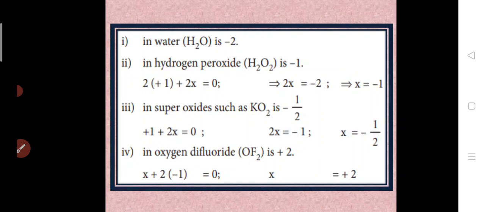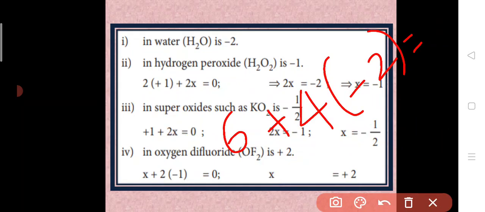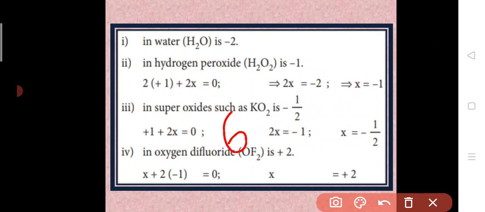So how to calculate the oxidation number? What is known already, you have to keep as it is. For example, you want to calculate the oxidation state of oxygen in H2O2. That should be taken as x. Now 2 into H, the value of H we know is 1.